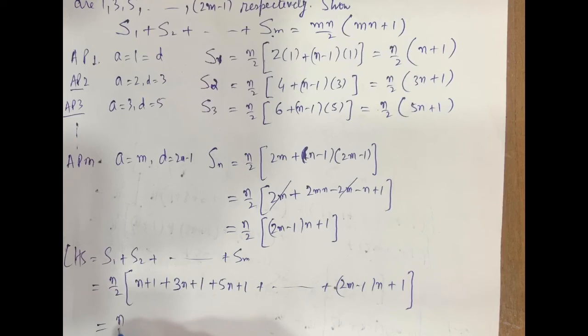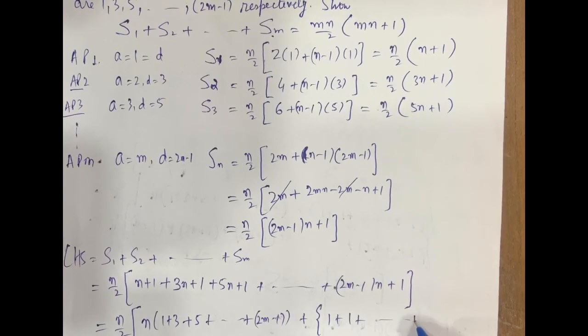This is n by 2. Now taking n common, it's 1 plus 3 plus 5 and so on up to 2m minus 1. And in the second we'll have 1 plus 1 plus 1.